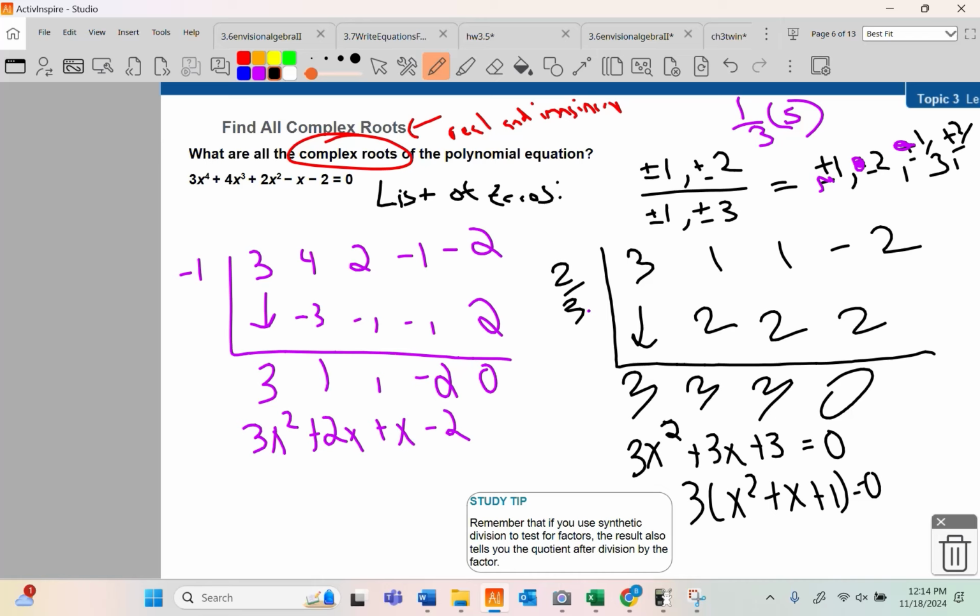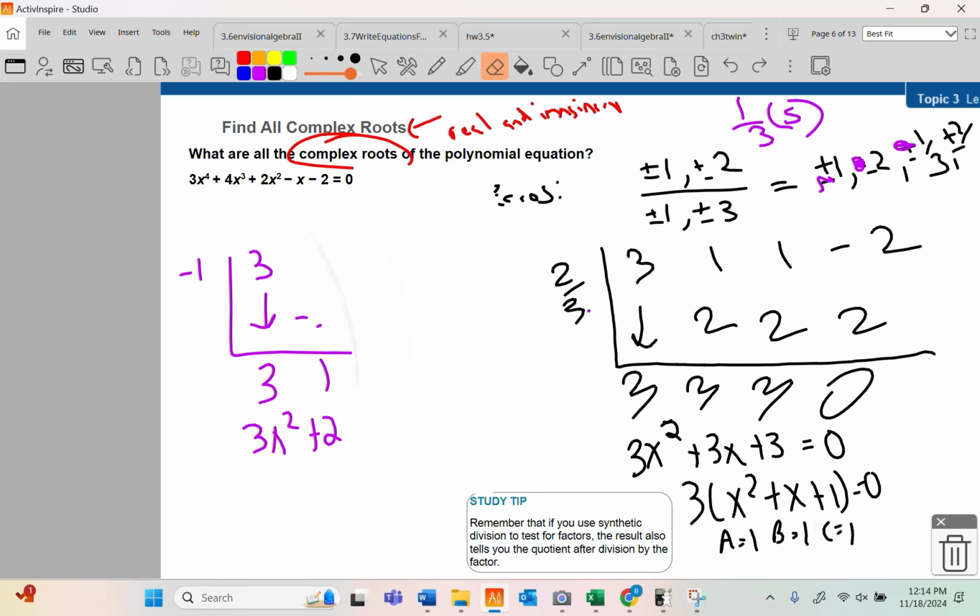Are there factors of 1 that add to the 1 in the middle? No. Not real numbers. So we won't factor, you get to use the quadratic formula. And the advantage here is that you're not using 3 for A, B, and C. What are you using instead? 1s. You're using smaller numbers. That's the big advantage of reducing.